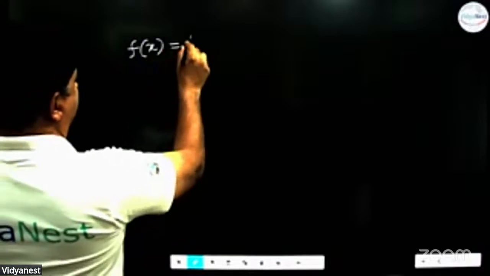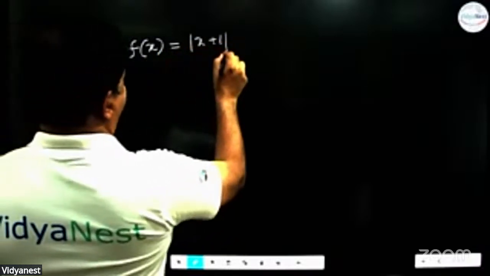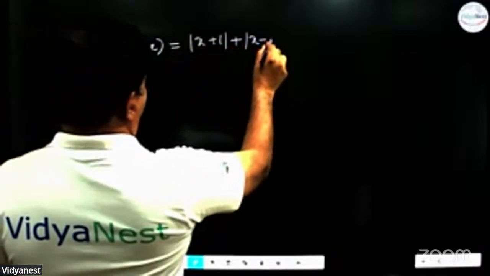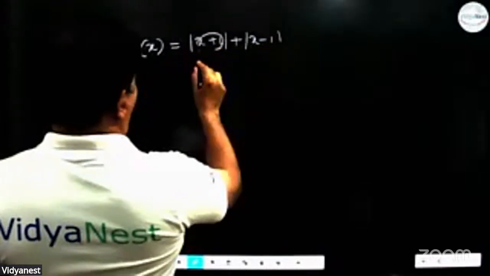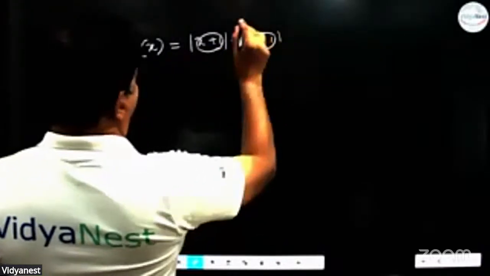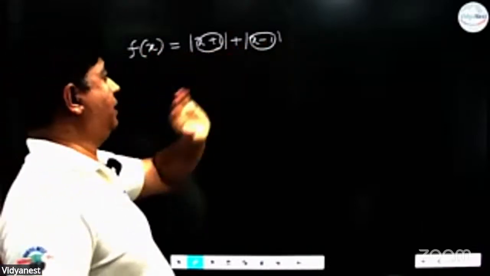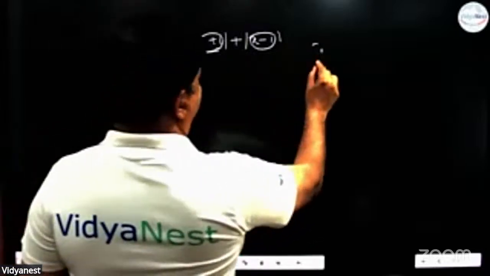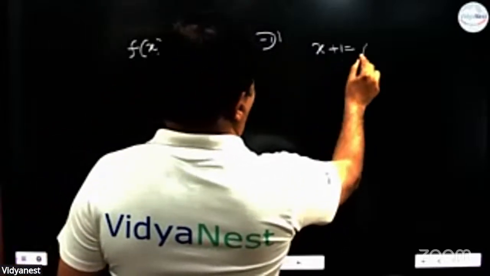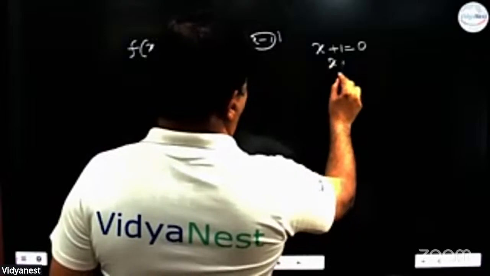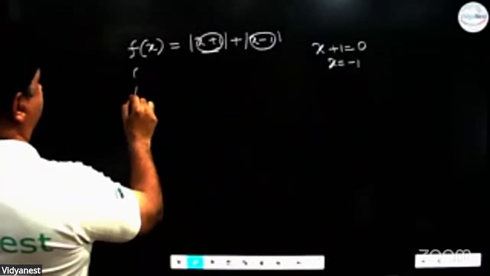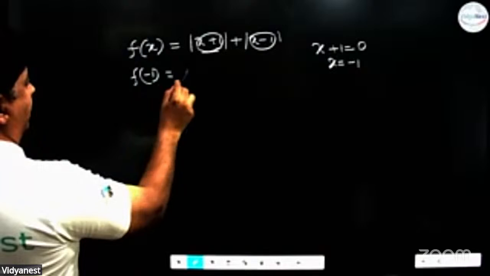F(x) = mod x plus 1 plus mod x minus 1. So you have got two variables in mod. One is x plus 1 and another is x minus 1. You make both 0. Suppose x plus 1 you get 0. x is equal to minus 1. Put here. You will get what?